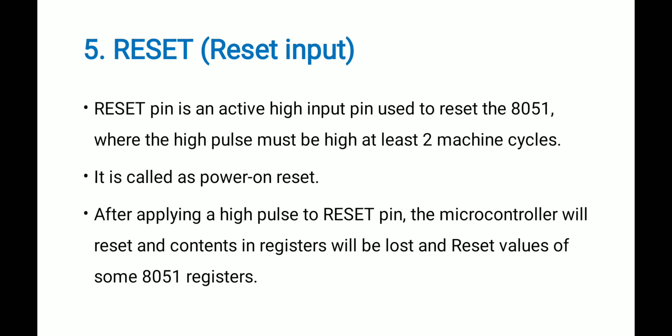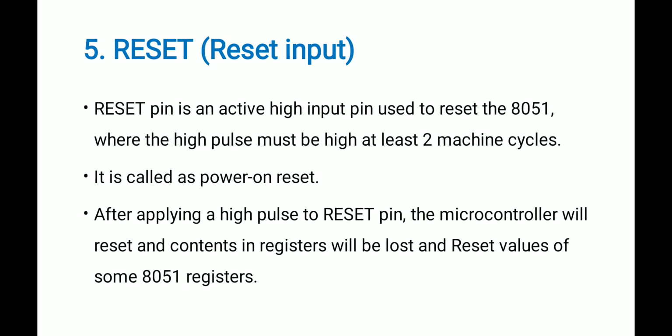Next, the reset input. The reset pin is an active high input pin used to reset the 8051. When we enable the reset pin, all the data in the registers is lost or reset.